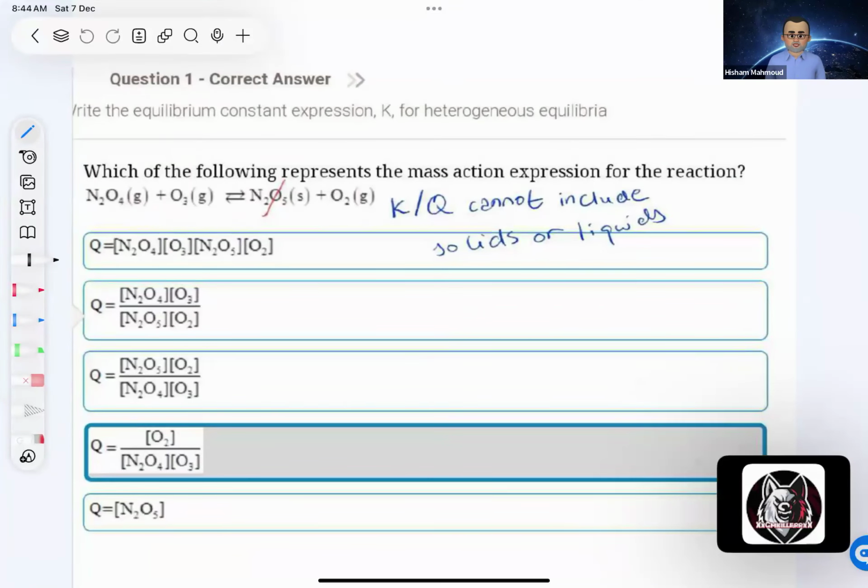Okay, first question: which of the following represents the mass action expression for the reaction N2O4 plus ozone gives us N2O5? In order to write this, as we said, you can only include anything that's gas or aqueous solutions, but you cannot include anything which is solid or liquid.